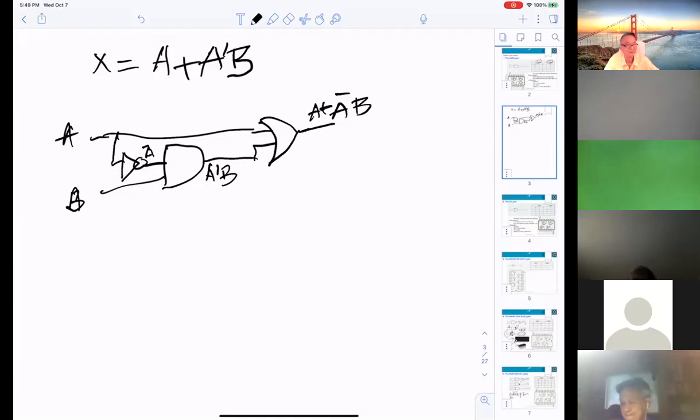Mr. Pham, A with the comma, does that mean A NOR, NOT A? If you want NOT A, you have to add an inverter. No, I'm talking about the capital letter A with the comma. That means it's A NOT, with the bar. The bar is the same thing.